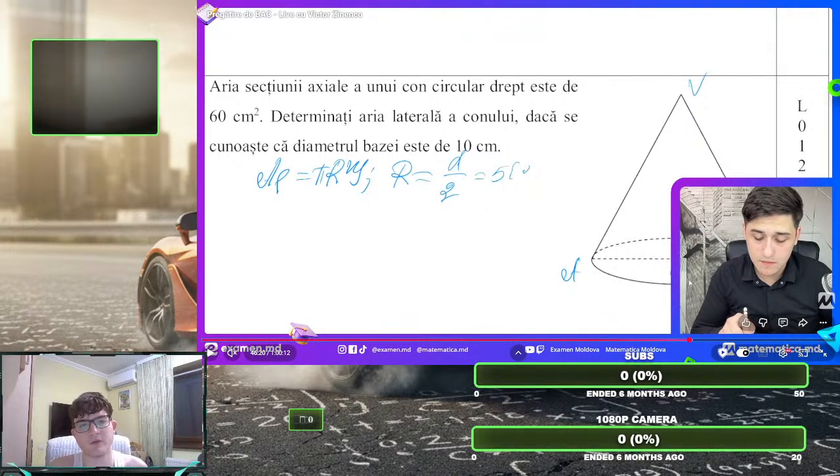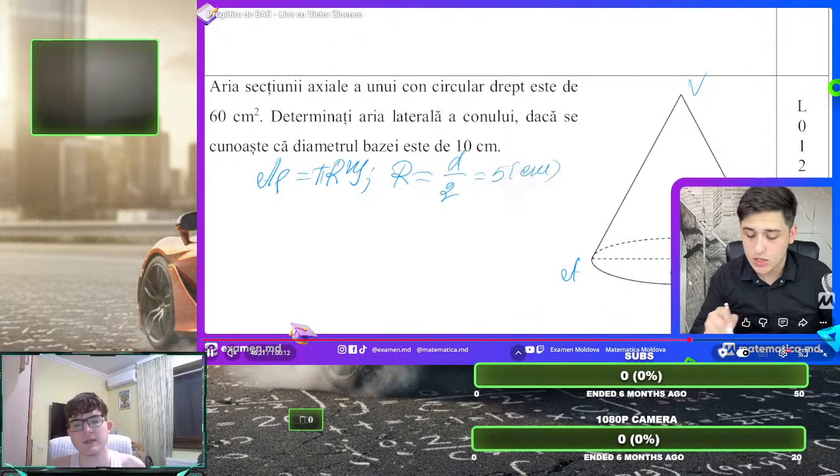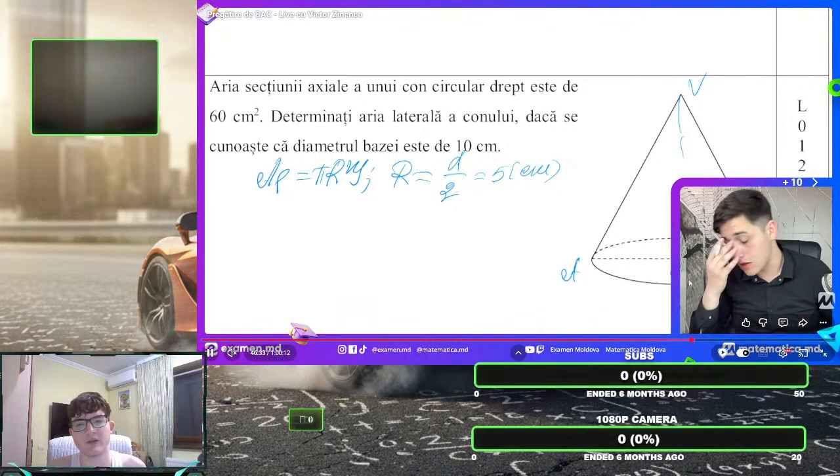But the R we can get easily from the diameter divided by 2. We have diameter 10, so we have the R. So that's pretty easy.